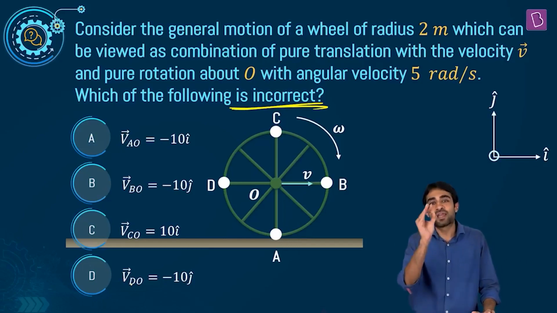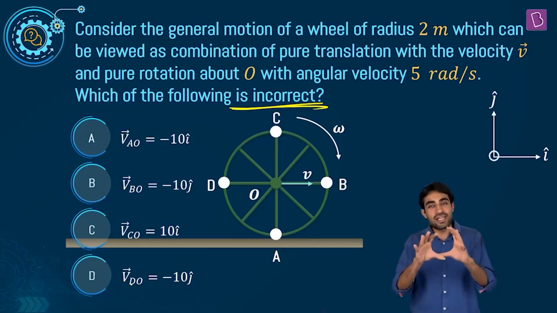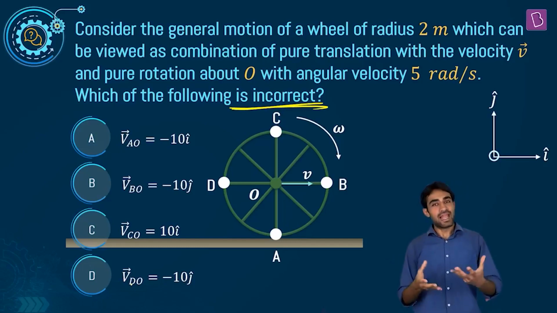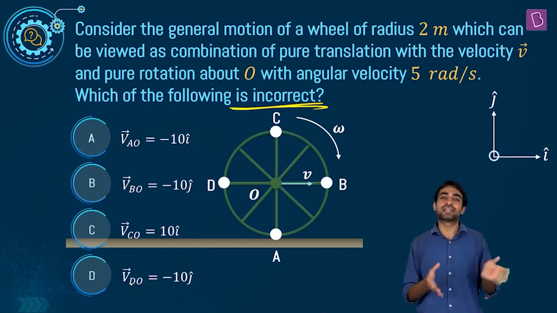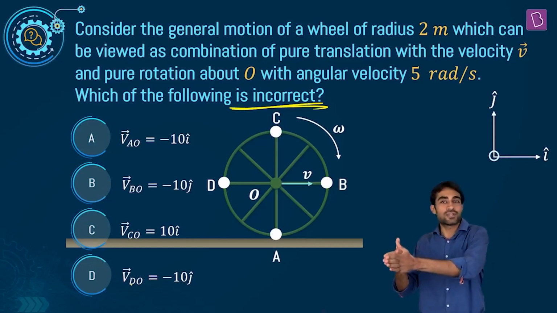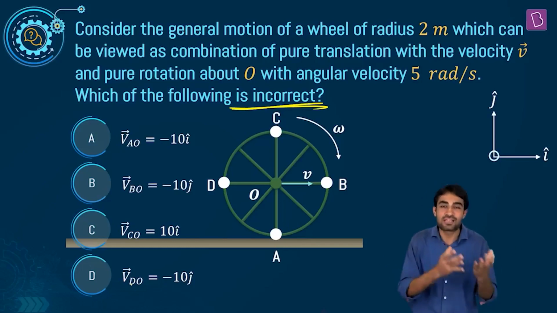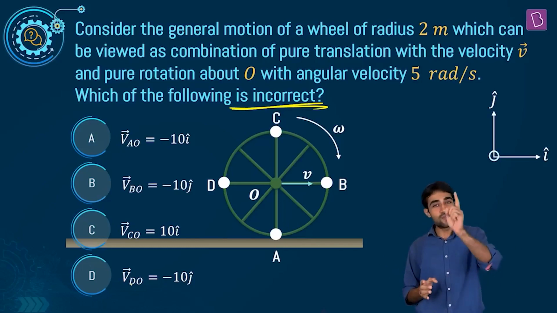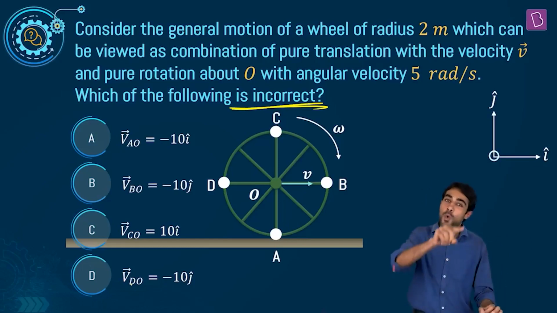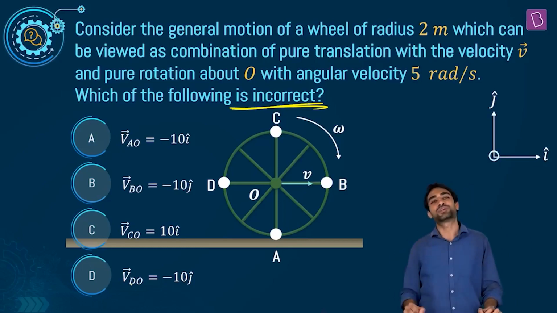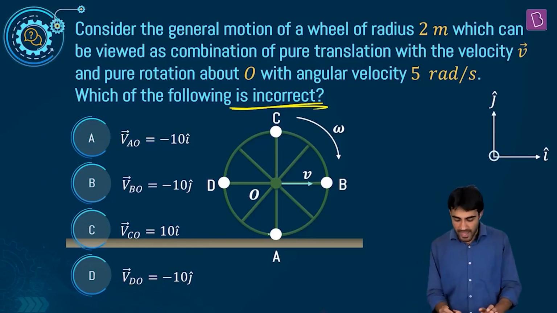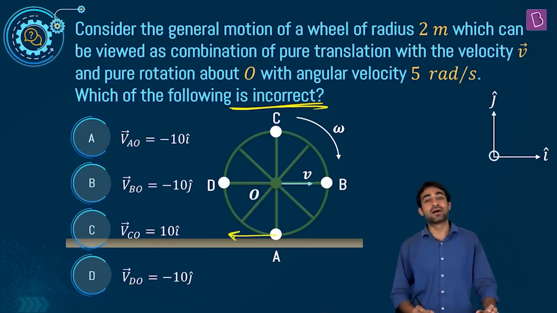In the reference frame of that axle, the wheel is under pure rotation. And if we stand on the ground, then we see that the axle is moving in the horizontal direction and the wheel is rotating about the axle. So we see the combination of translation and rotation motion. But if we see the situation in the reference frame of the axle only, then we will see only pure rotation motion, right?